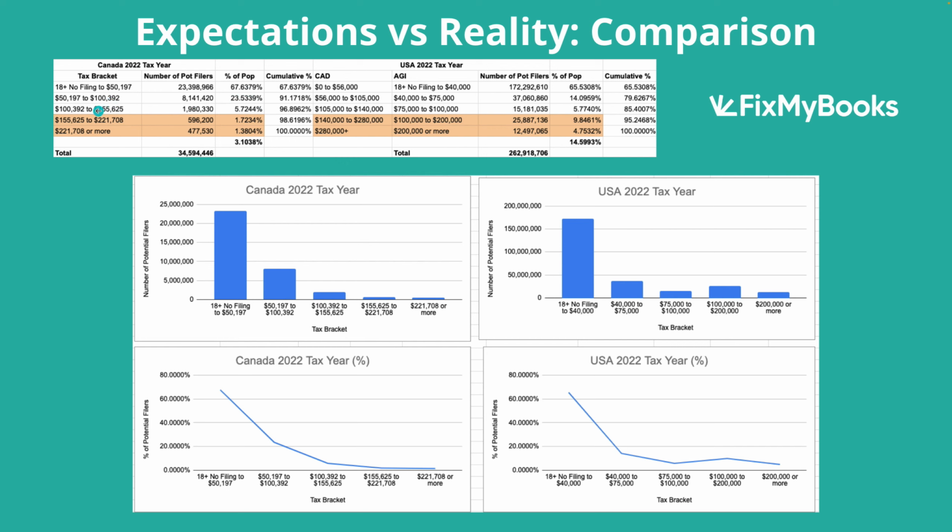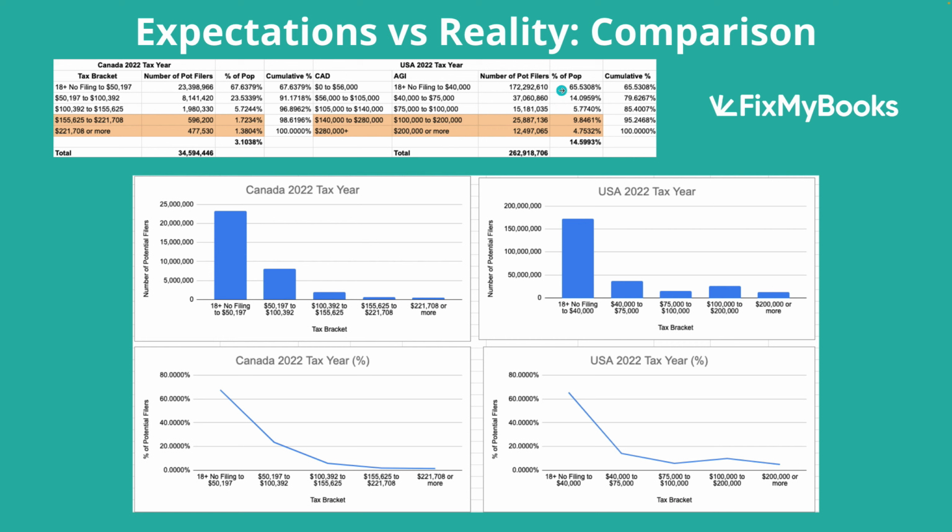And then the next income bracket from 50 to 100, you're looking at 23.5% of the population in Canada, 8 million people. And in the US, you're very similar income bracket here. You're looking at 14%.